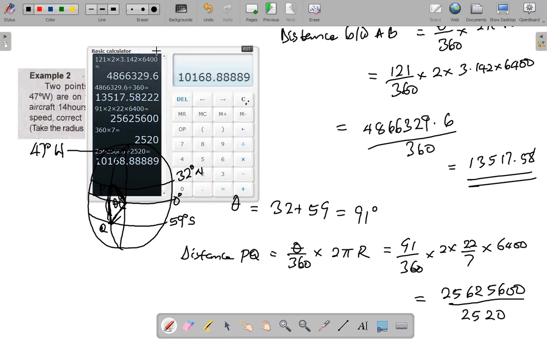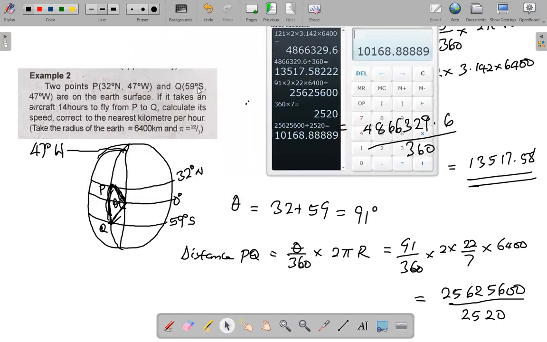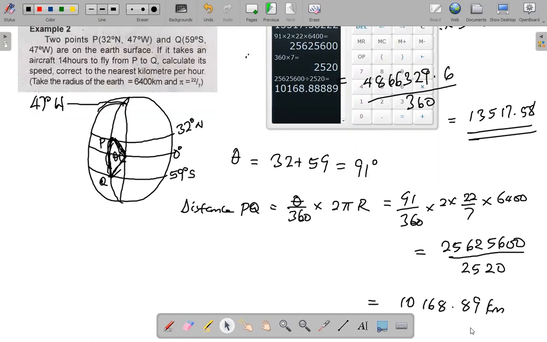But the question asks us to calculate the speed, right? Yes. Calculate the speed of the aircraft correct to the nearest kilometer per hour. So we know the distance between point P and Q, where the aircraft is flying from point P to point Q, a distance of 10,168.89.